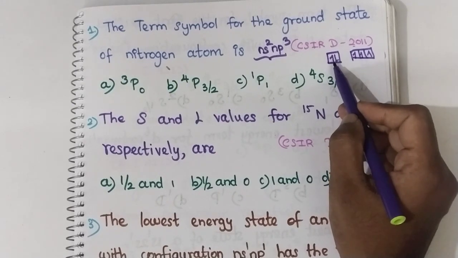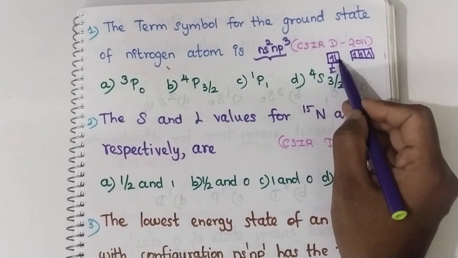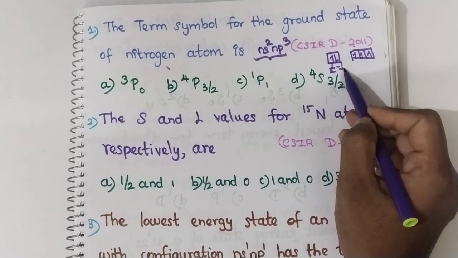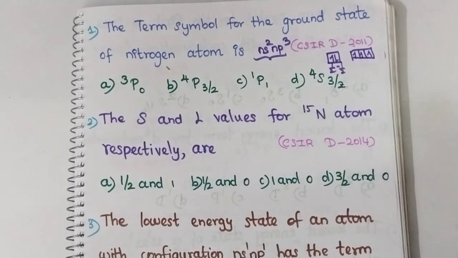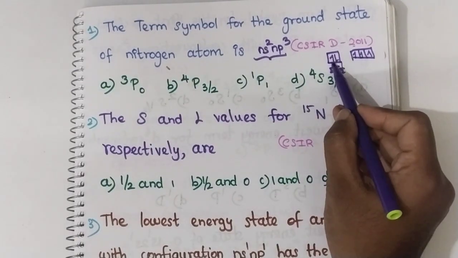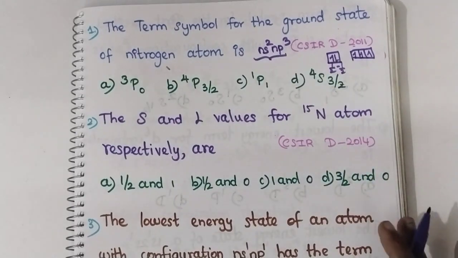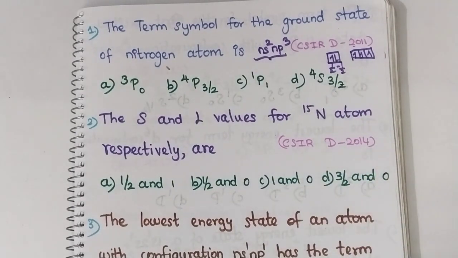One has spin plus half and the other is opposite, minus half. So it is 0. Spin is also 0 and it is present in the s orbital, so L will also be 0. So no need to consider the s orbital here.